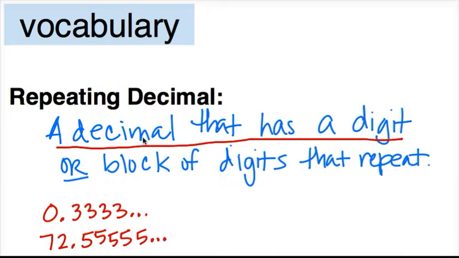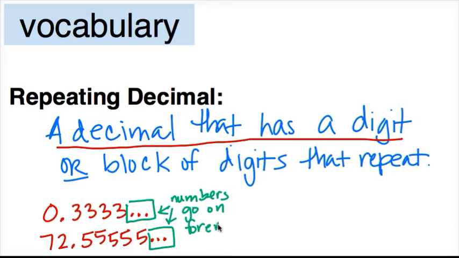Okay, so these little dots signify that the numbers keep going on forever.